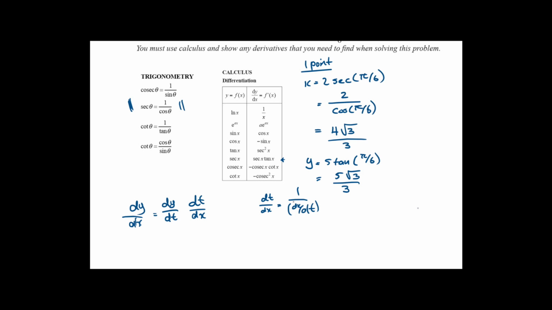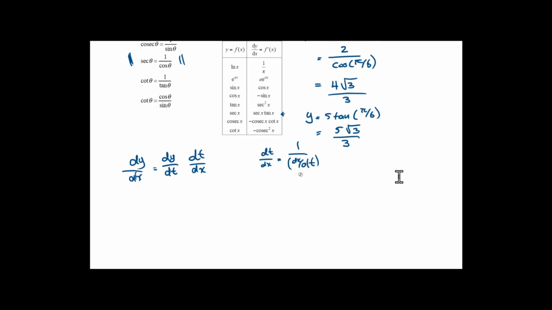Right, so let's find dy/dt first. So y is 5 tan of t. When we differentiate it, we get secant squared. So dy/dt is going to be 5 secant squared of t.